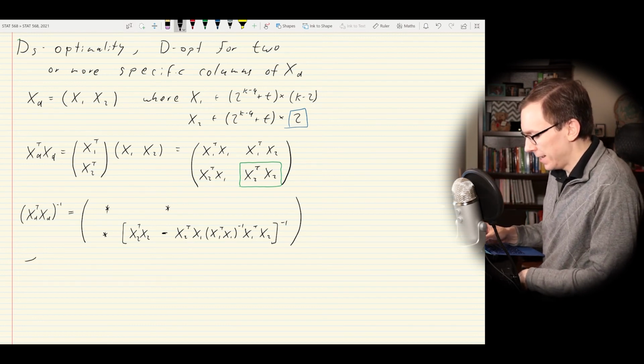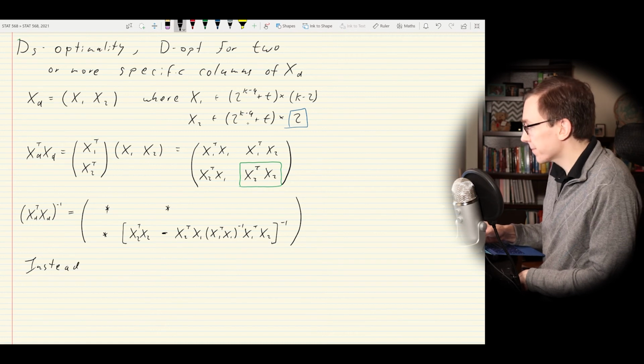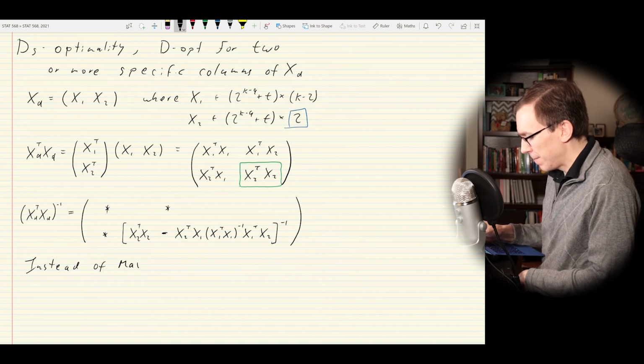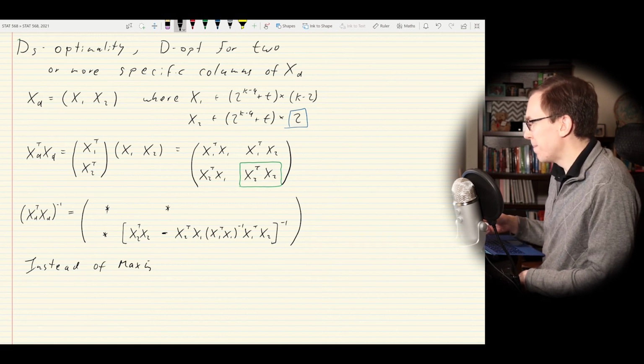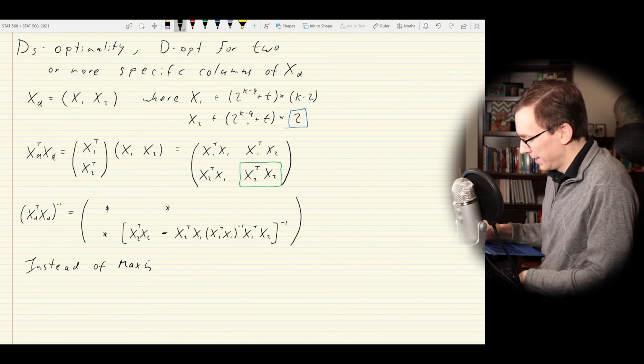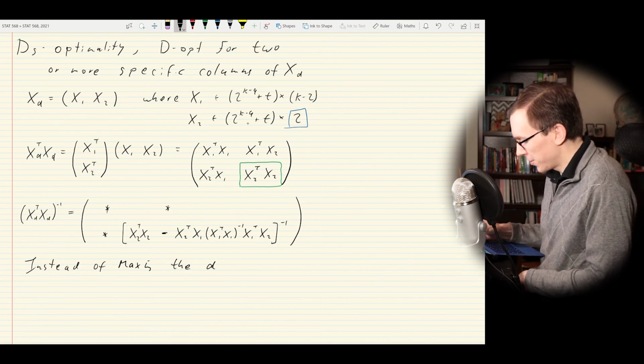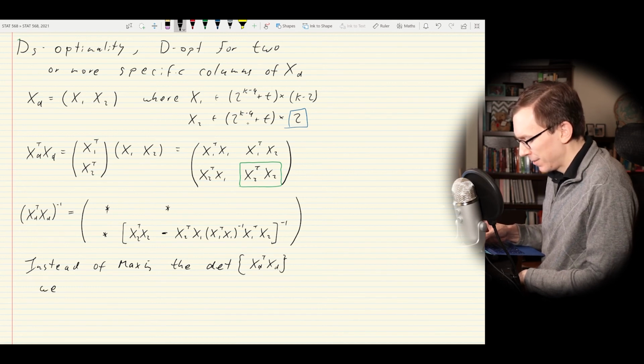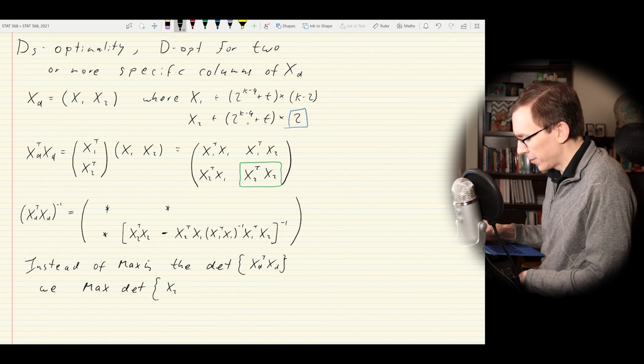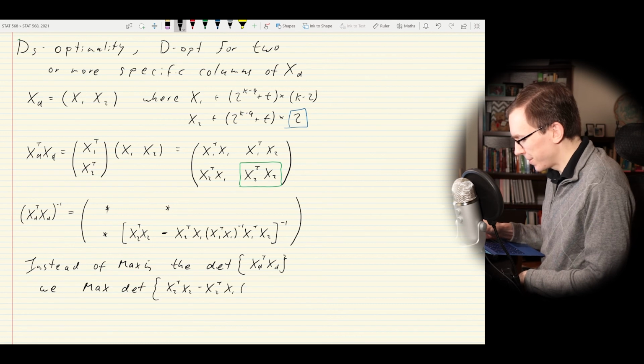Instead of maximizing the determinant of X transpose X with the D's, we maximize the determinant of that matrix there without the inverse, which is just a whole bunch of X's.